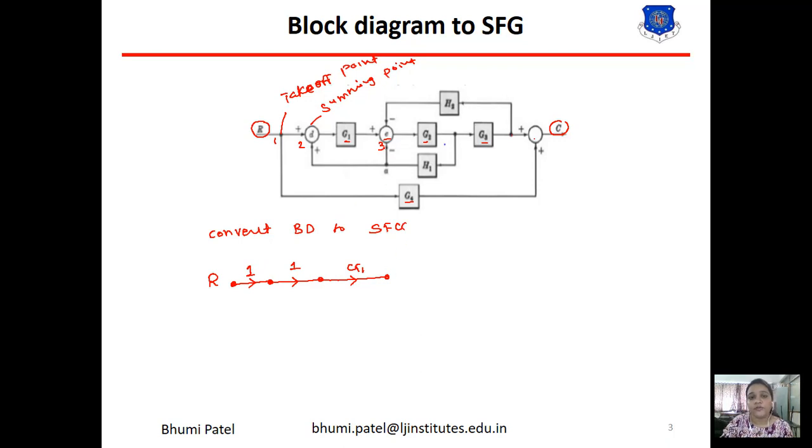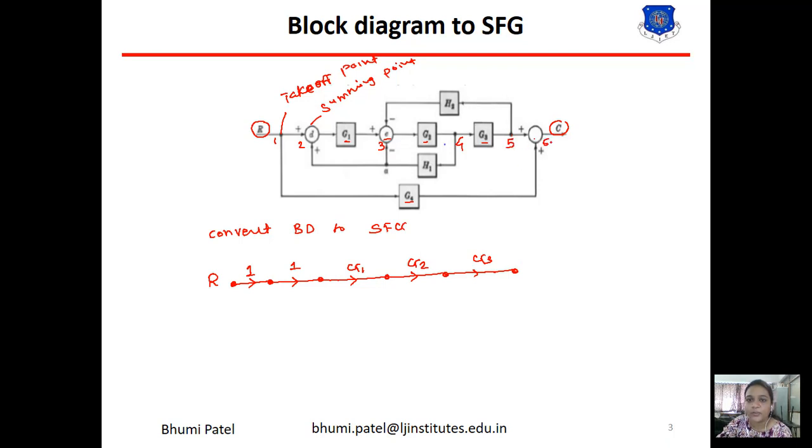Now after the third node and before the fourth node, again the gain of the system is given and the value of the gain is G2. So G2 is connected like this. After the fourth node again a gain is given, G3, and after G3 the node is connected, the fifth node.